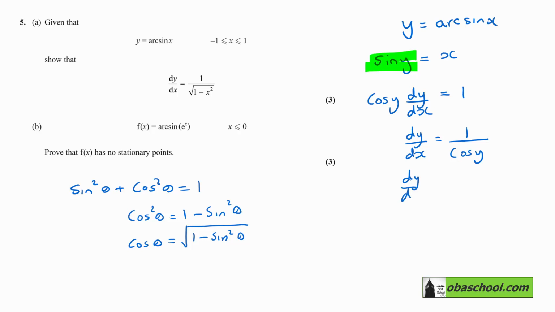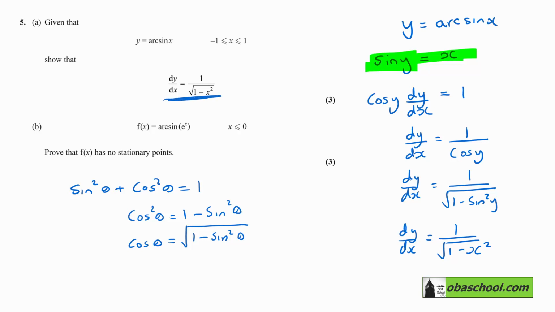So this is equal to 1 over the square root of 1 minus sine squared y. But from this line we know that sine y is equal to x, and therefore dy/dx is 1 over the square root of 1 minus x squared, as required.